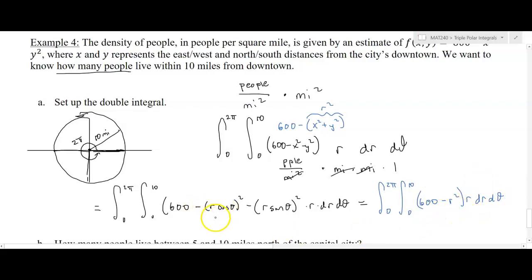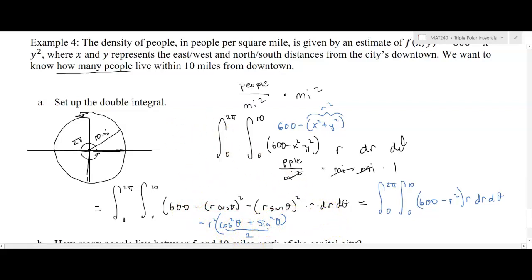And you could also see that here if you do r squared cosine squared theta and factor out an r squared from both of these terms, r squared cosine squared theta, or minus r squared, factor that out rather, plus sine squared theta. Cosine squared theta plus sine squared theta is Pythagorean identity, which is 1, and then you get 600 minus r squared that way as well.